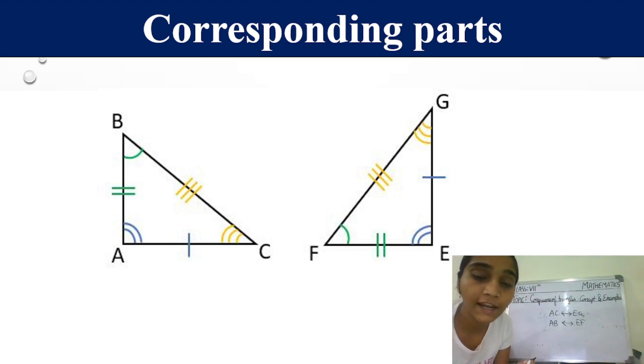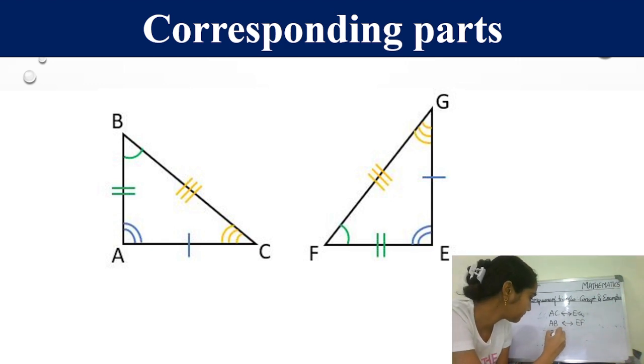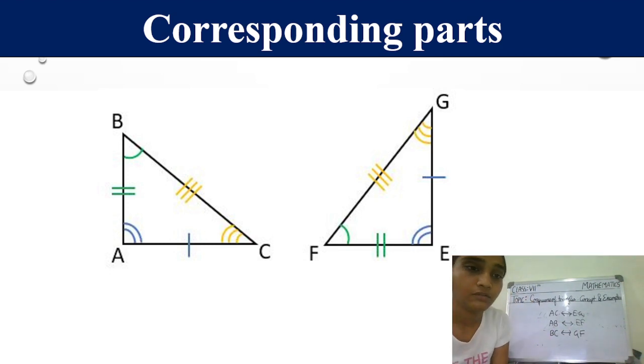What about side BC, students? This is corresponding to which side of triangle EFG? Yes, BC is corresponding to GF. We will write the correspondence sign and then GF. So are we clear, students? First of all, we are discussing these corresponding sides.